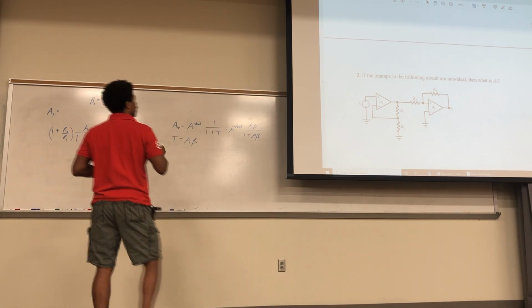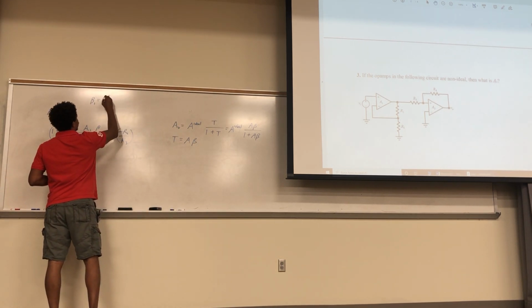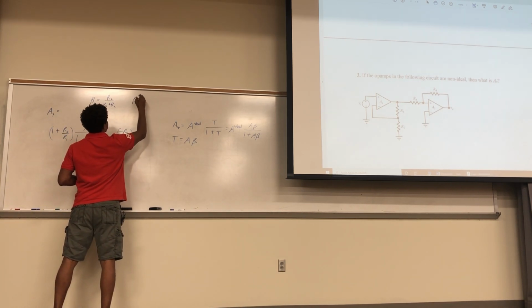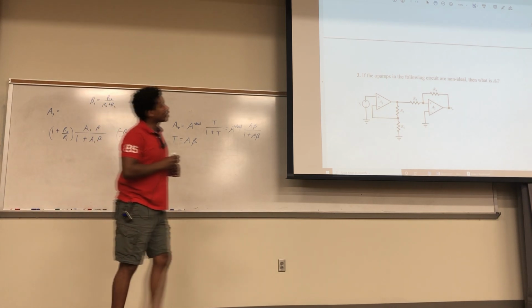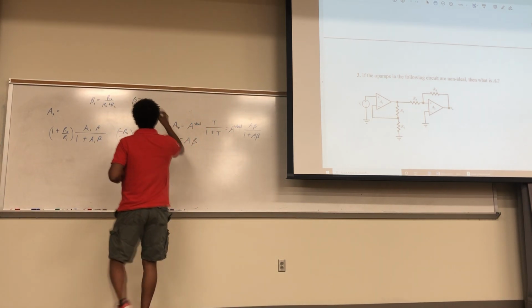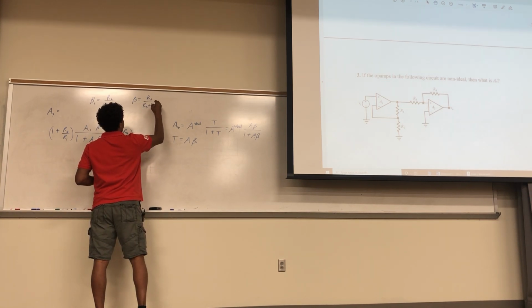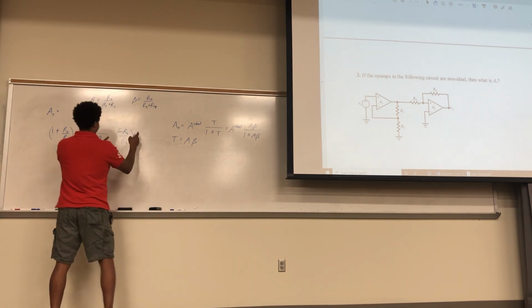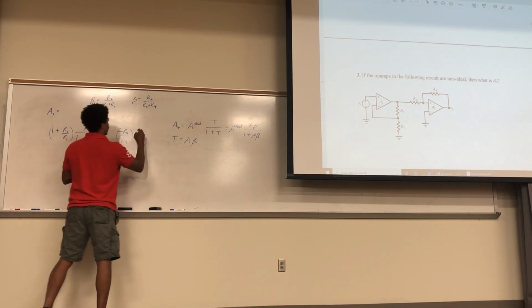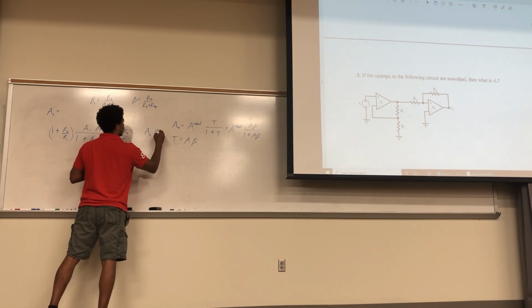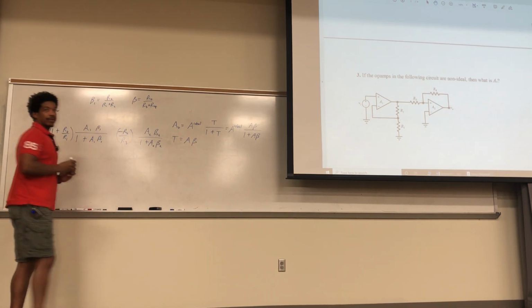So for the first one, R2 over R1 plus R2. And for the second one, R4 over R3 plus R4. There's a 4 here. And so A2 beta 2, 1 plus A2 beta 2.